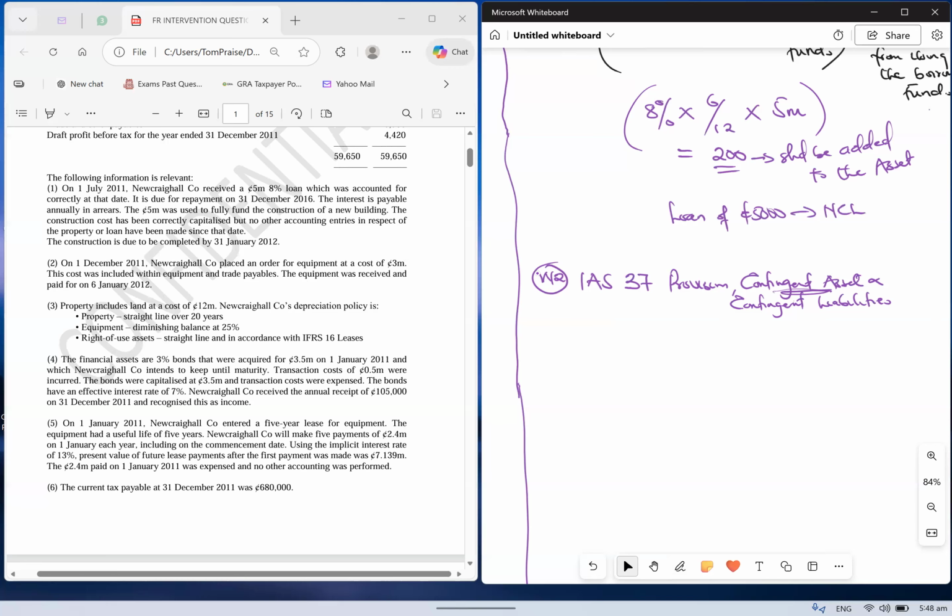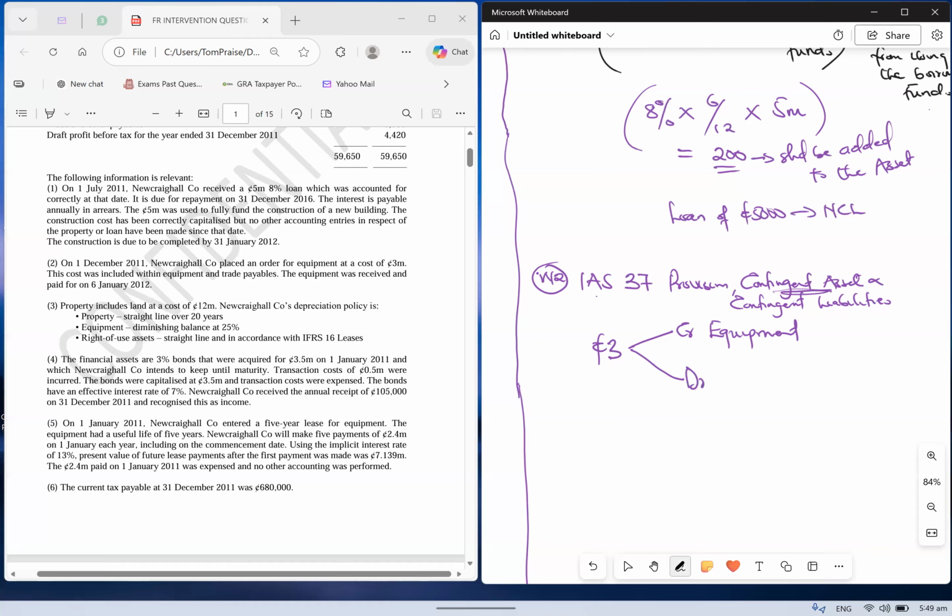So what will happen to this 3 million is that since they included it in the equipment, we need to remove it from equipment. So that will mean that we need to credit our equipment. But I'm not saying that when you are solving the question, you should be writing the standard. No, it's because I'm teaching you.